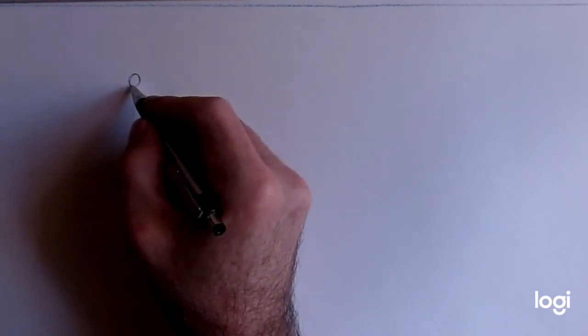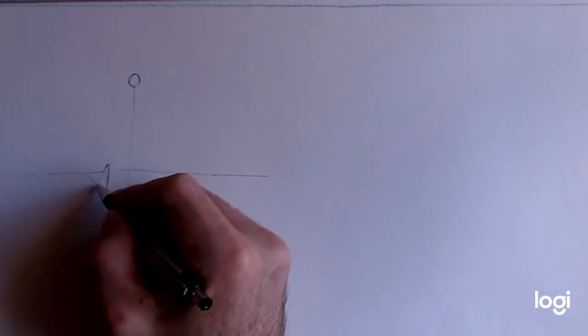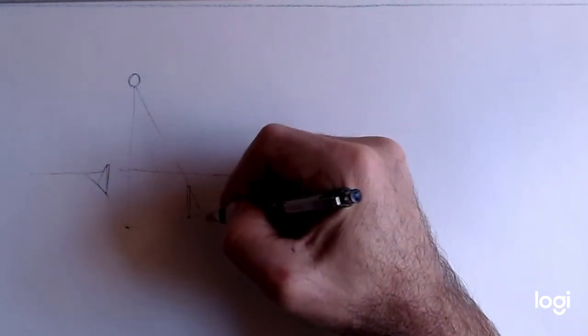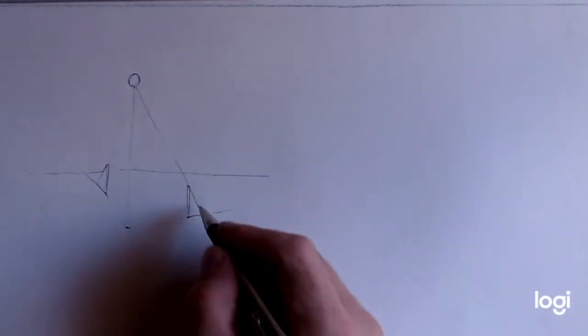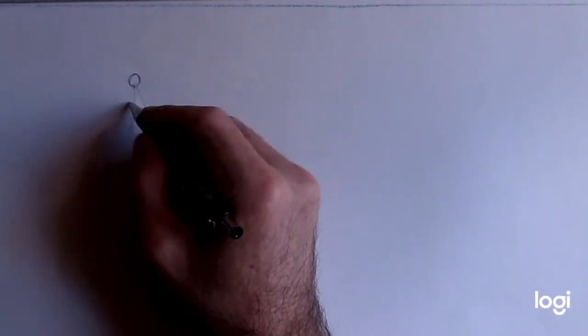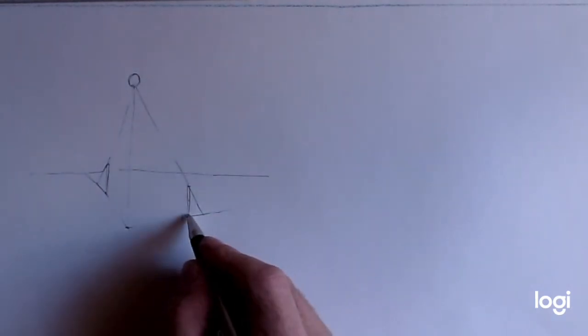And then from the light source again, you come down and you pass through the top. And so this object would be casting from this light, here's a line, a shadow that looks like that.